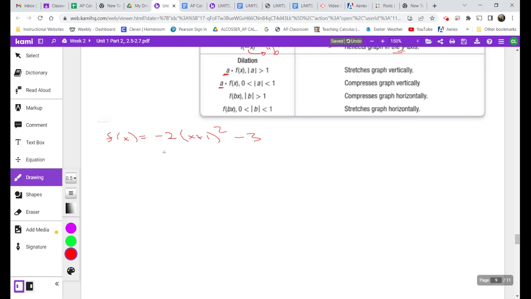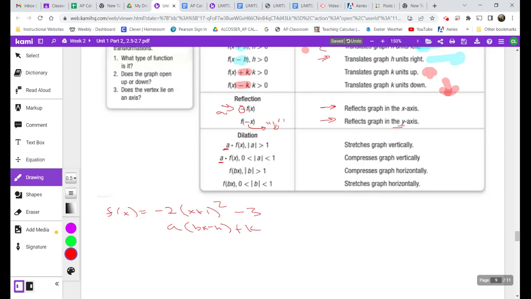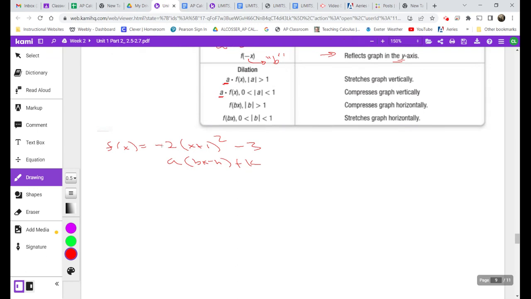We're going to call this a times (bx minus h) squared plus k. That's what this is. A, B, H, and K. It's all what we just talked about right up here. So let's talk about this.